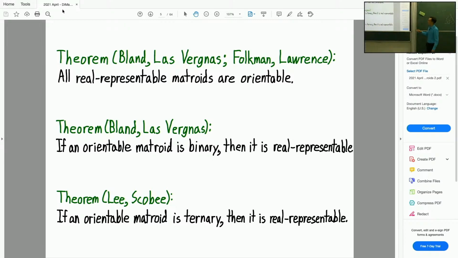Something I didn't talk about in this talk is that you can also consider, instead of circuits, an ordering of bases that corresponds to the signs of determinants. So instead of looking at signs of dependencies, I look at signs of determinants of a real representation. This type of conception of capturing signs also gives a way to axiomatize orientability.